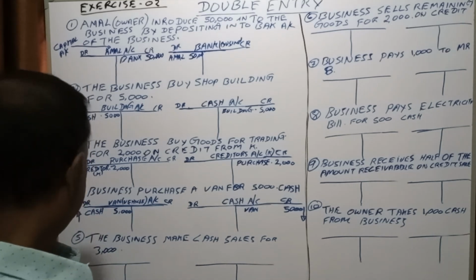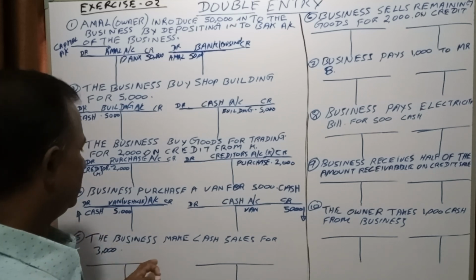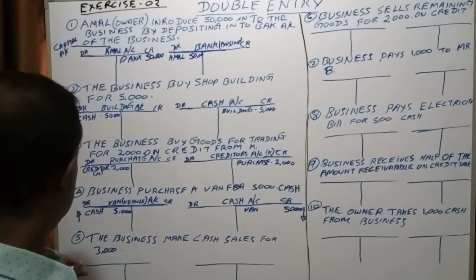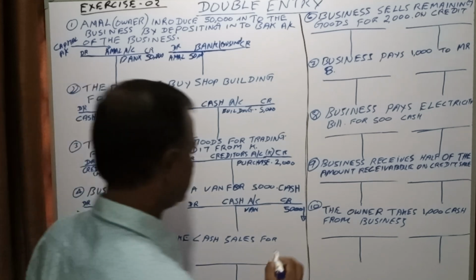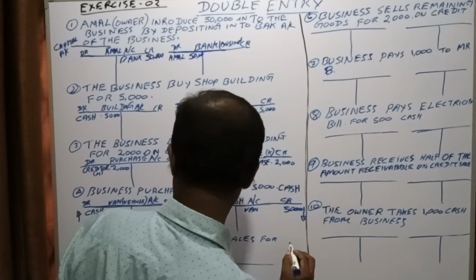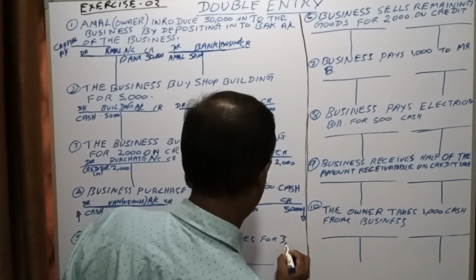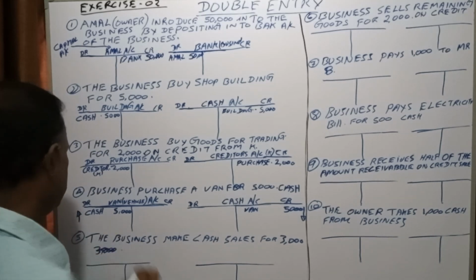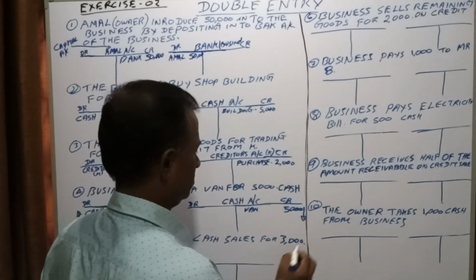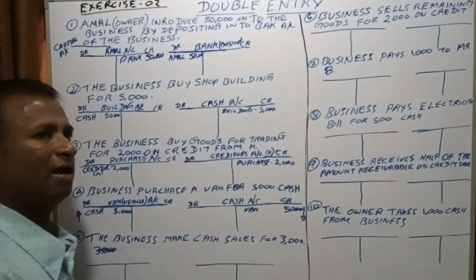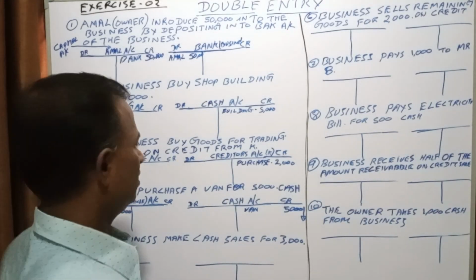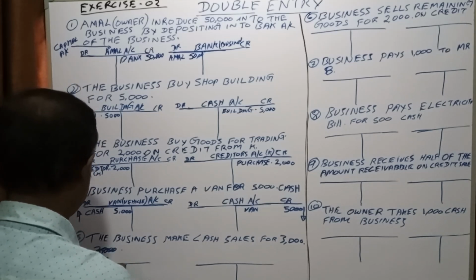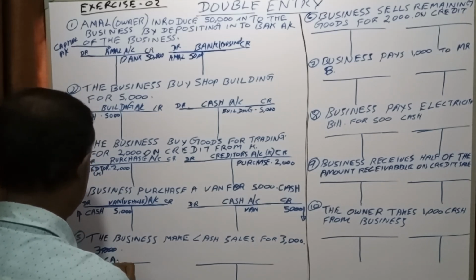Next adjustment, the business makes cash sales for 3000. What are the accounts going to be affected? One is cash account.